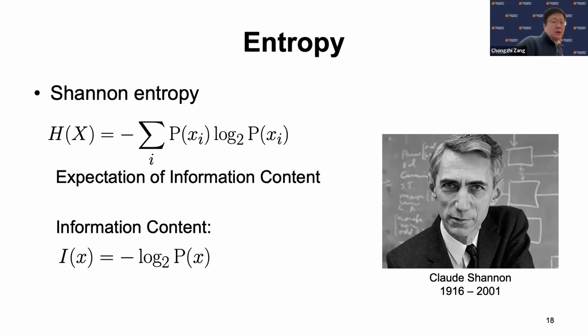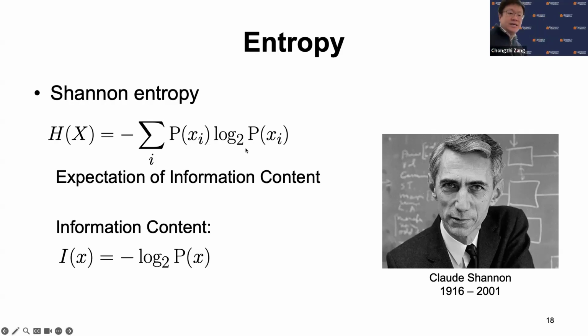So later on, the founder of information theory, Claude Shannon, transferred this physics concept of entropy into information theory, giving the concept of Shannon entropy, or information content, or information entropy, which is the same idea of calculating the expectation of information.